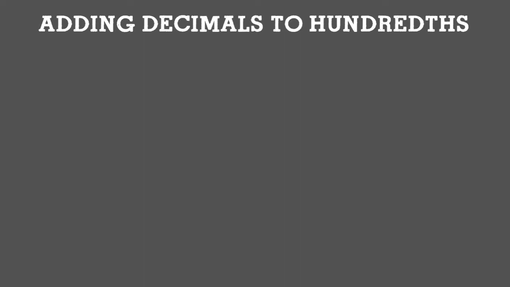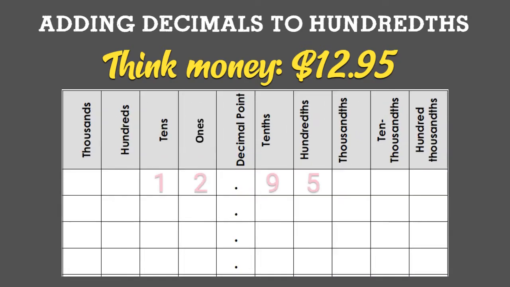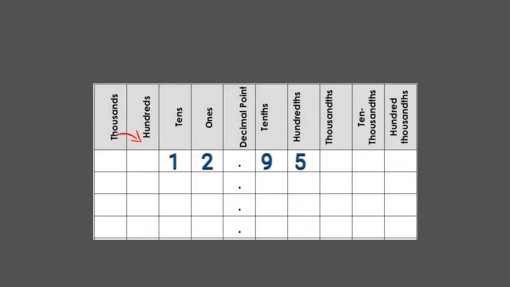An easy place to start when we talk about hundredths is to think money. Let's imagine we have $12.95. This is what $12.95 would look like in a place value chart. The first thing we see is a 1 in the tens column, so that could be a $10 bill.